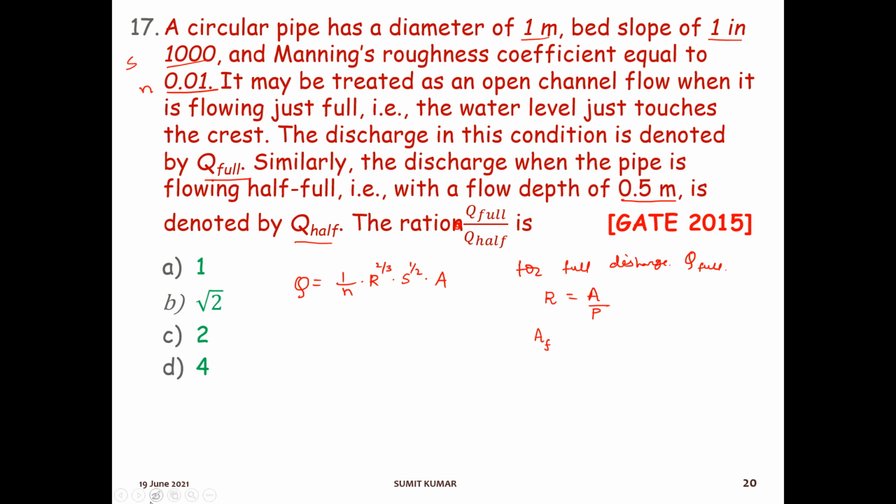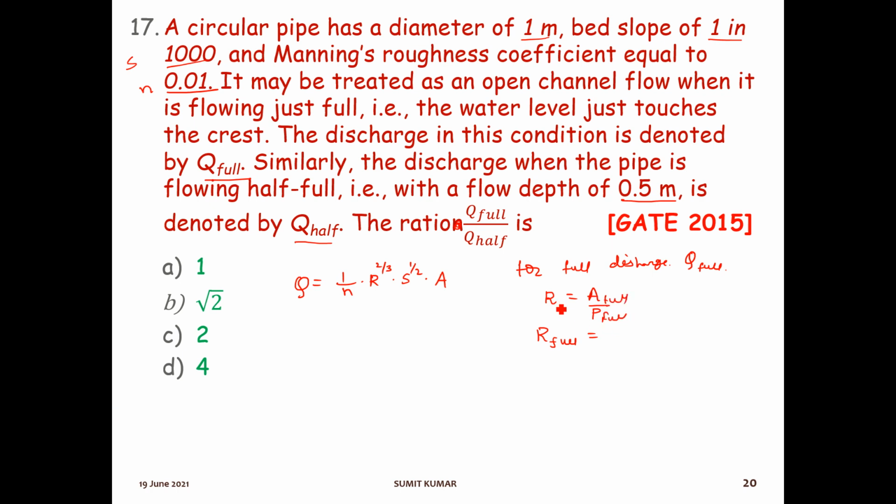When the discharge is flowing through a full pipe, we can find the corresponding hydraulic mean depth. That is R full equal to A full, the corresponding full area, by P full.